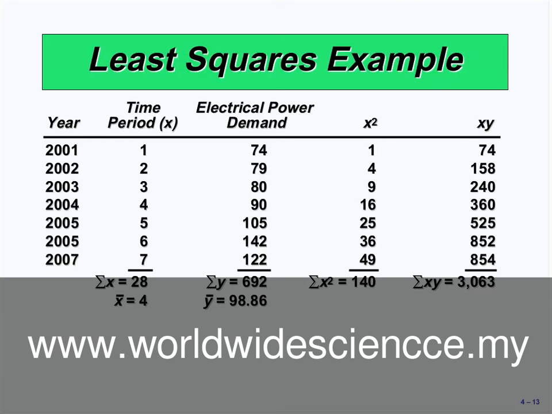Every equation has its own line according to A and B, so it's clear that we must calculate A and B. When we calculate A and B, the equation for that special line can be calculated very easily.